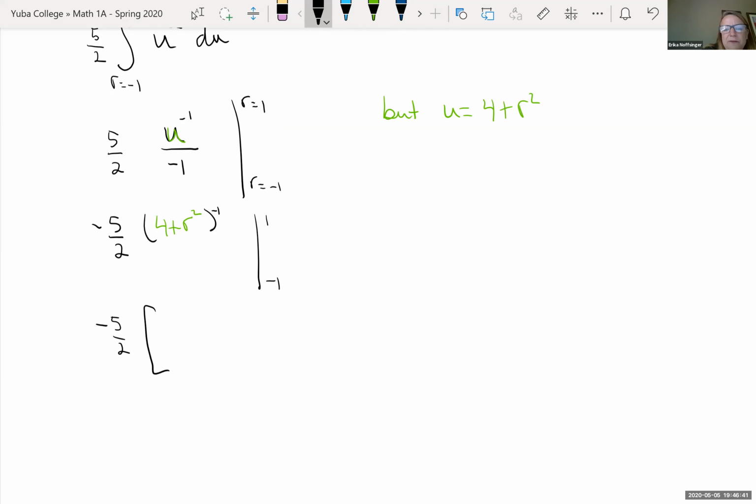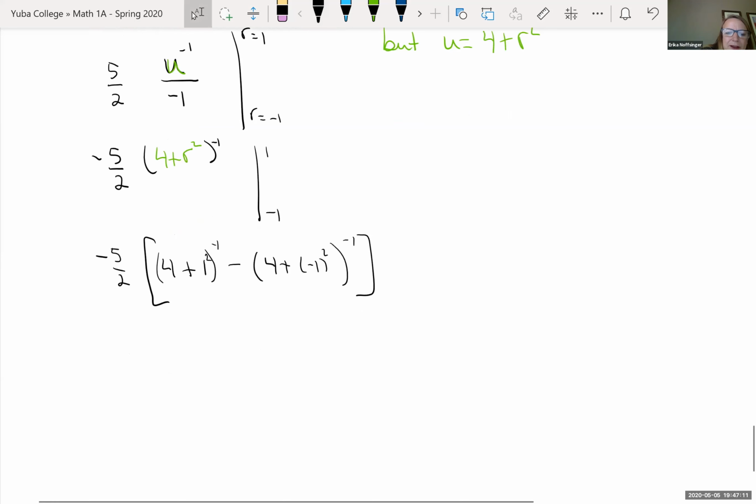Well, this is going to give me 4 plus, plug in 1, wherever you see an r, 1 squared, which is 1, raised to the -1 power, minus, you're going to do the same thing here. You're going to plug in -1 wherever you see an r. So 4 plus -1 squared, all raised to the -1.